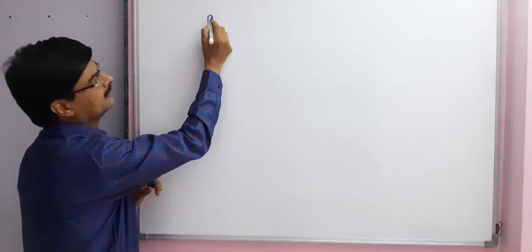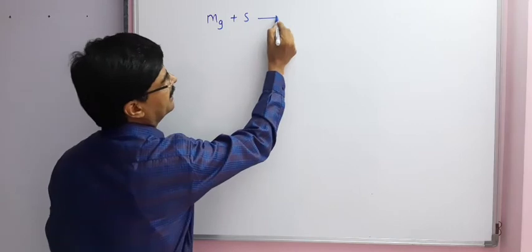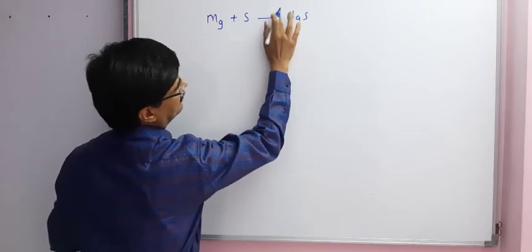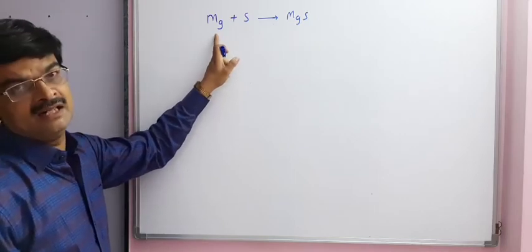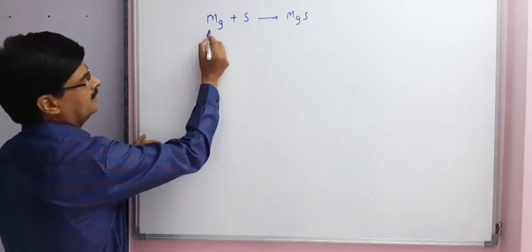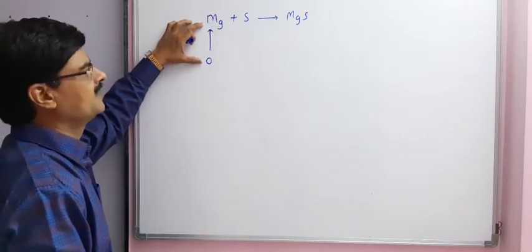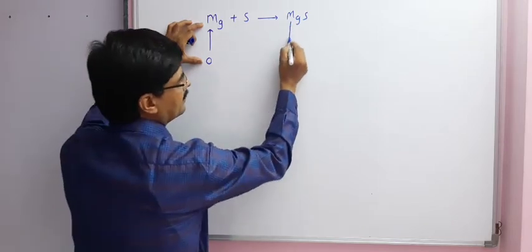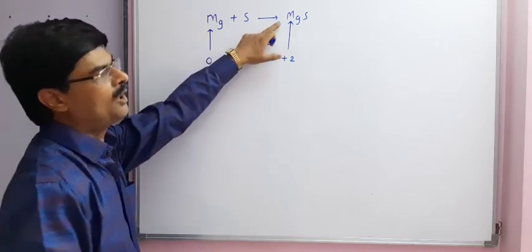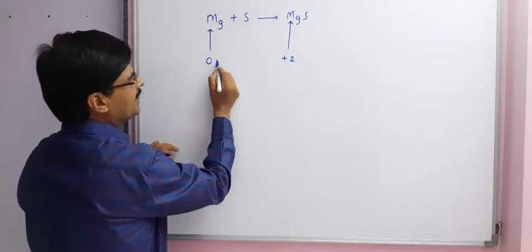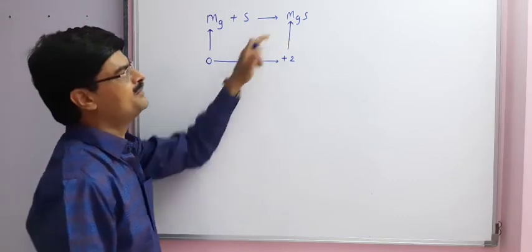In the reaction, magnesium plus sulfur gives MgS, we find the oxidation and reduction reactions. The Mg oxidation number is 0, and in MgS the oxidation state of Mg is +2. So we can write Mg by losing 2 electrons gives Mg2+.